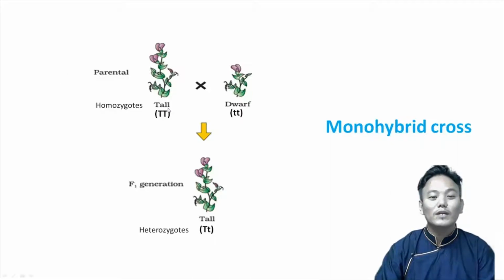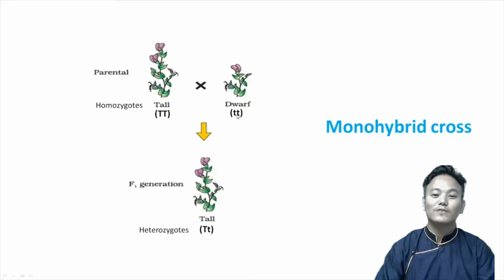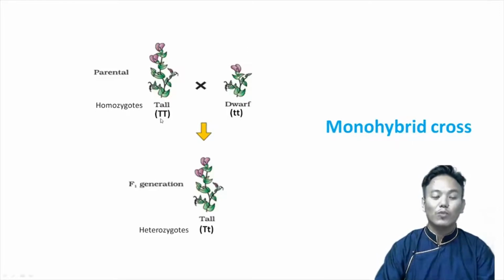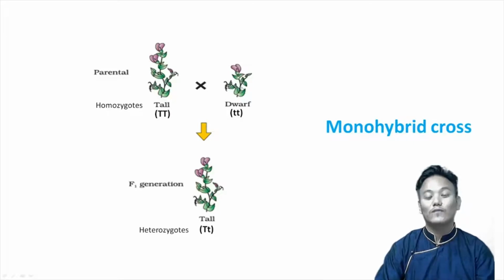The capital T is the factor which is trying to express itself in the form of tall phenotype, whereas the small t is the factor which is trying to express itself in the form of dwarf phenotype. So if the plant has got both factors as capital T, the plant will obviously be tall, and if the plant has got two small t's, the factors which are both trying to express itself as a dwarf character, the plant will obviously be dwarf.